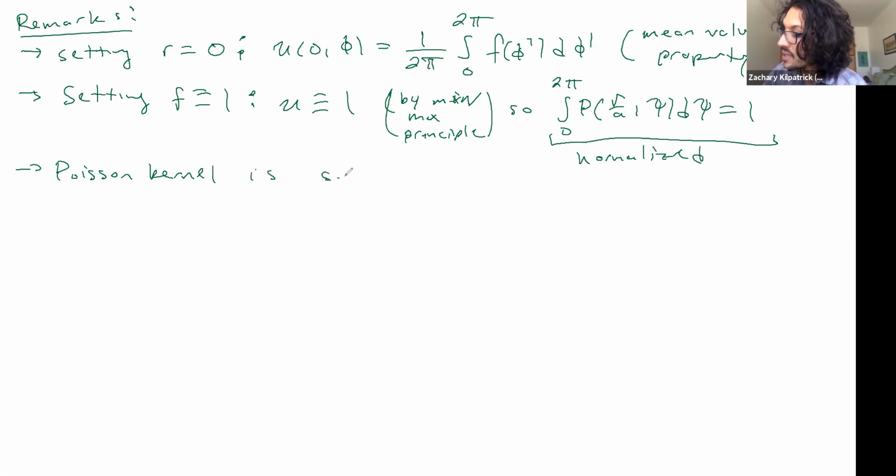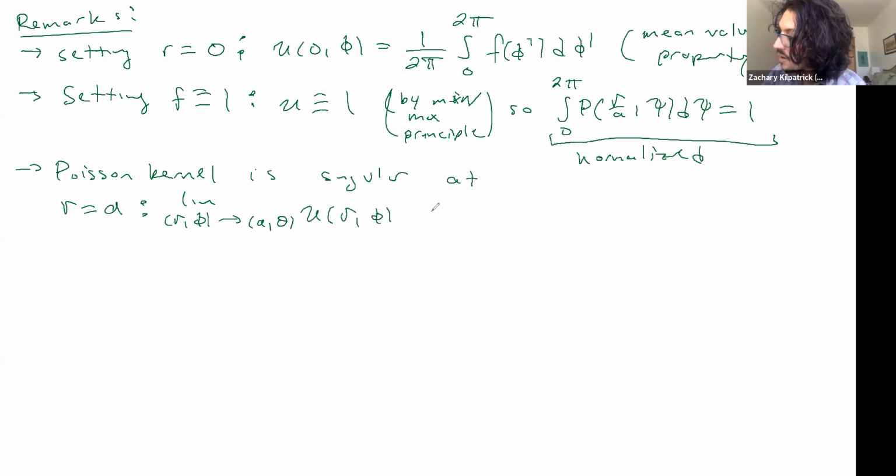Also, the Poisson kernel is singular at r equals a. So essentially, the limit as r, phi goes to a, theta, so u of r, phi, is going to be equal to f of theta. Okay. So we recover what we should when we take the limit back to the boundary data, just like we did in the heat equation.